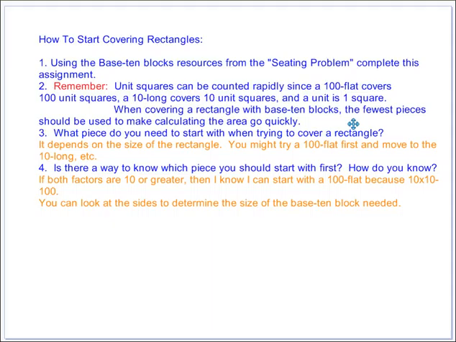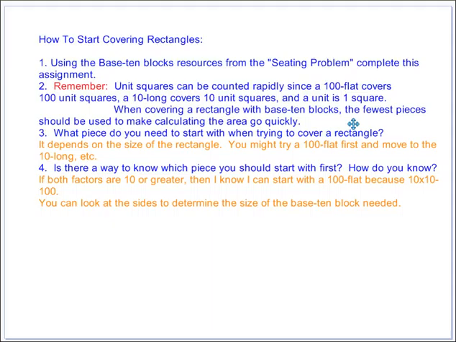Well, it really depends on the size of your rectangle. If it is larger than a 10 by 10 on each side, then you could probably start with a 100 flat first, and then move to your 10 longs, and then move on down to your units after that. Is there a way for you to know which piece you should start with first?